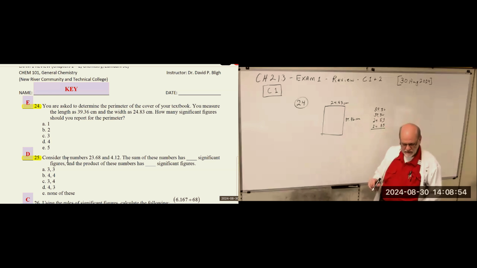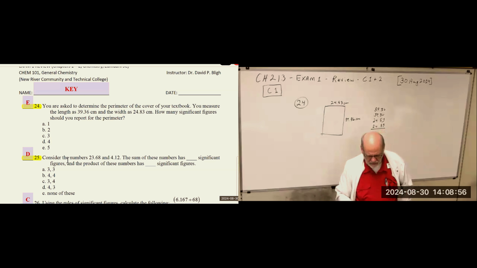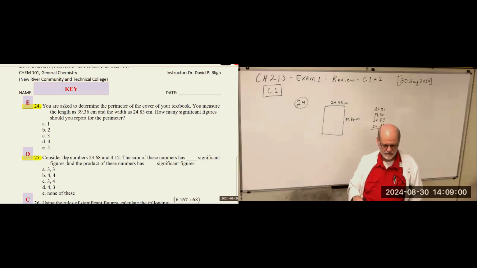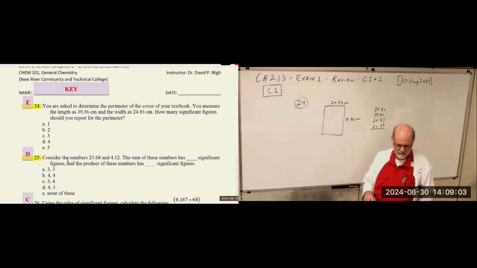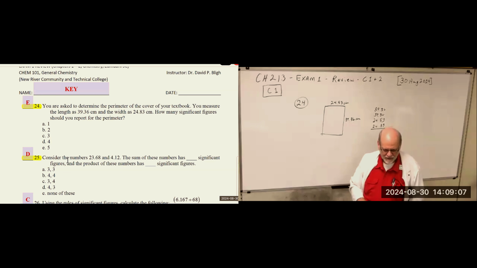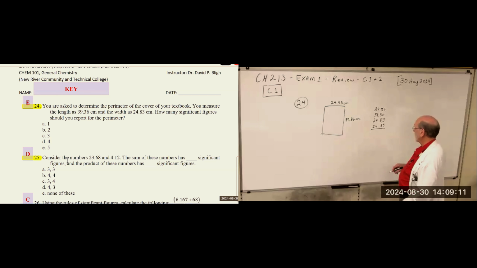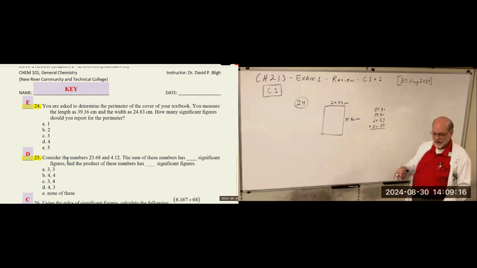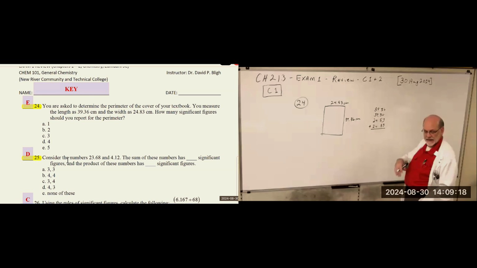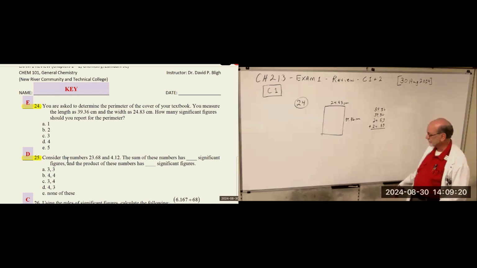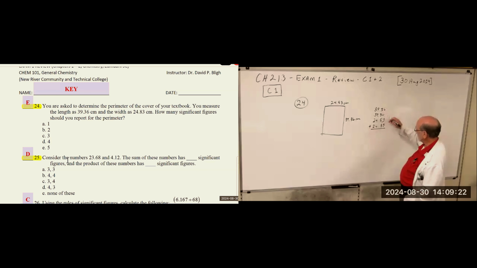The question is how many significant figures we should report. Well, this is the addition subtraction rule. So you have to line up the decimals and just add them together and see what you get. So that's 18, carry the 1.